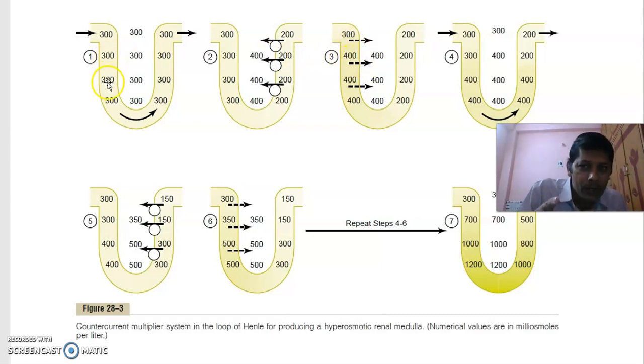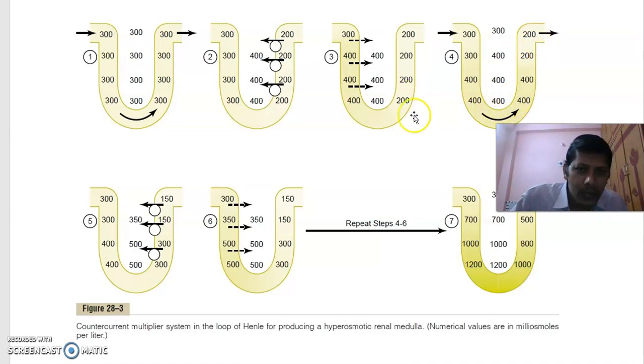What is the osmolarity here? 300 in the entire limb, this segment. But if you come here, as the water is coming outside, observe the osmolarity increasing gradually. Now come to this one again. Here the osmolarity gradually decreasing.